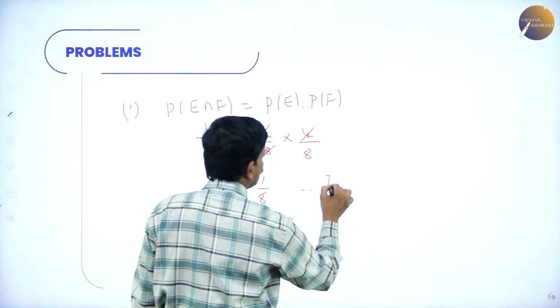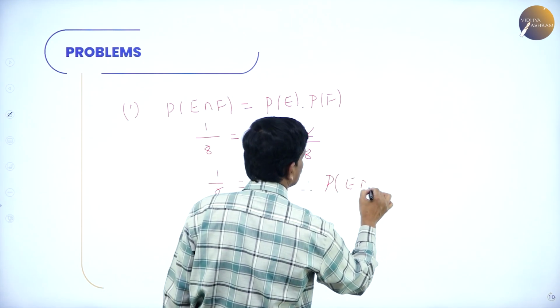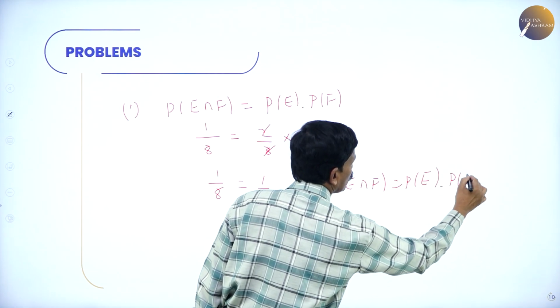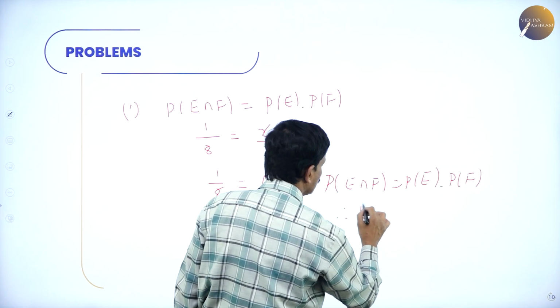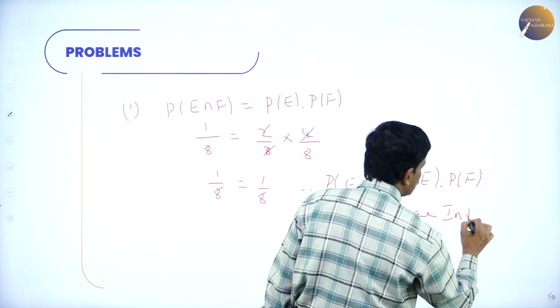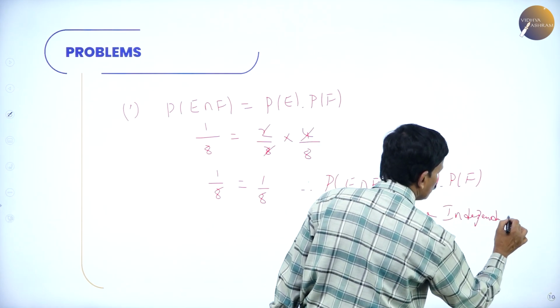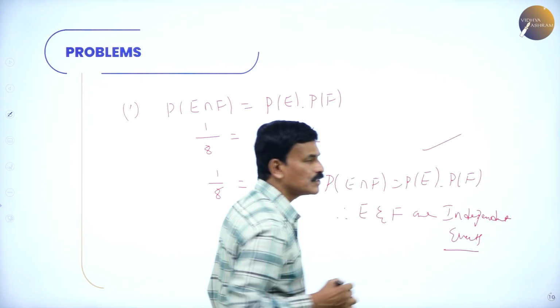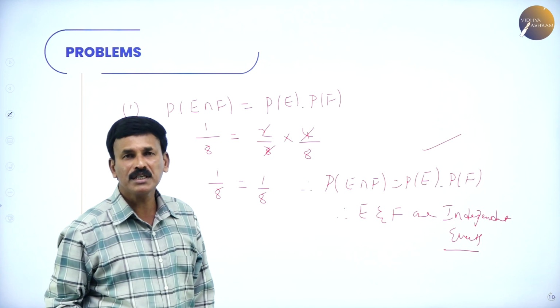Therefore, probability of E intersection F is equal to probability of E into probability of F. Therefore, E and F are independent events. So the first one is an independent event.